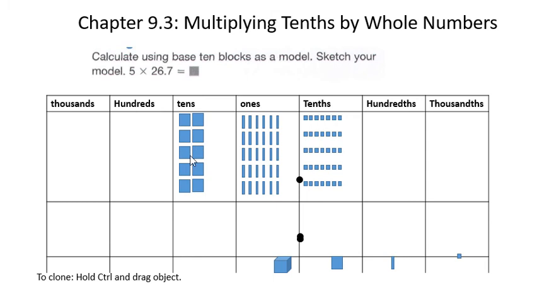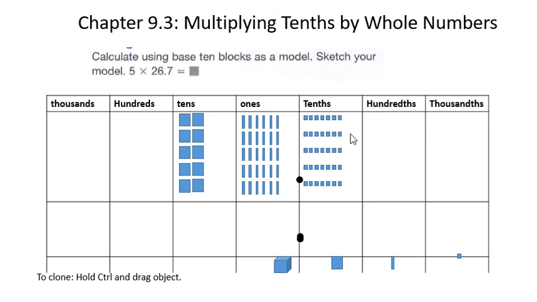And as we've done in a previous grade, we're going to regroup these. Having all of these tenths makes it difficult to count. So let's see if we can estimate or have a calculation for how many tenths we think we have. I made 5 groups of 26.7. So that means I took the tenths and put 7 here and repeated it 5 times.